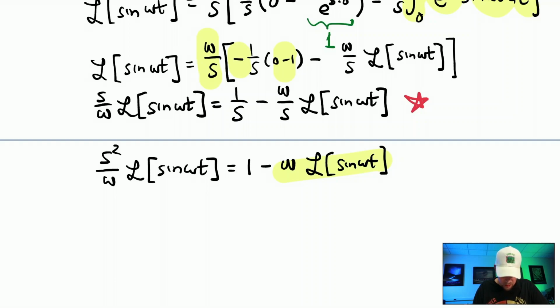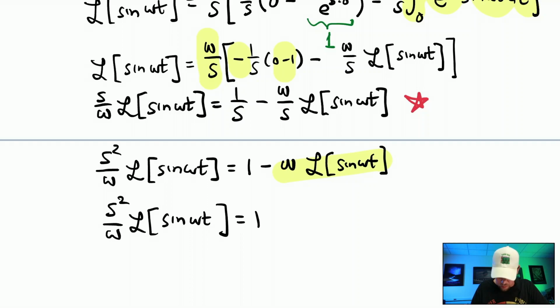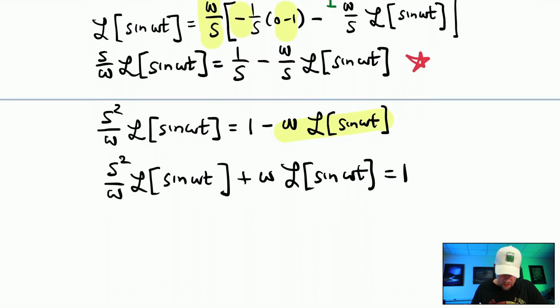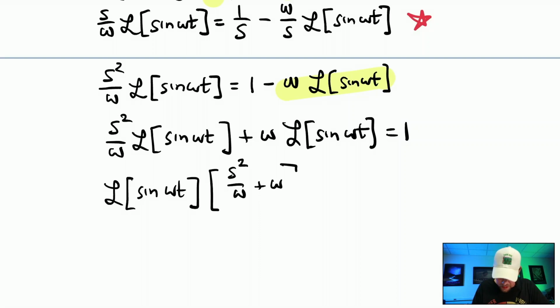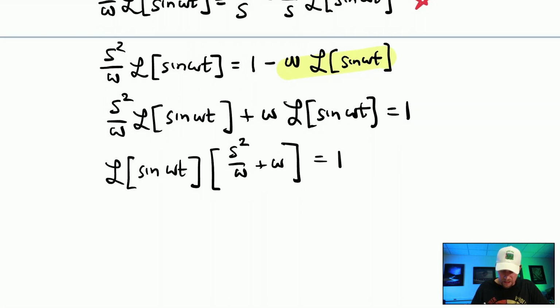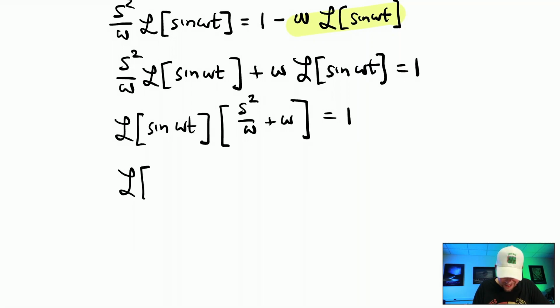So here I have s squared over omega, Laplace transform of sine omega t, plus omega Laplace transform of sine omega t, and that's equal to 1. I can actually factor out the Laplace transform of sine omega t. When I do that, from the first term I end up with s squared over omega plus omega, and that's equal to 1. This is gross, but it'll come out.